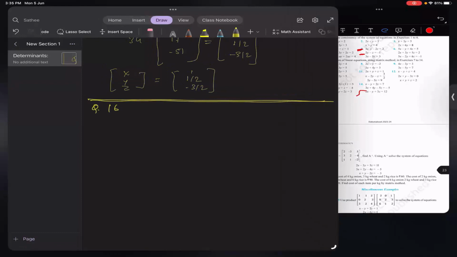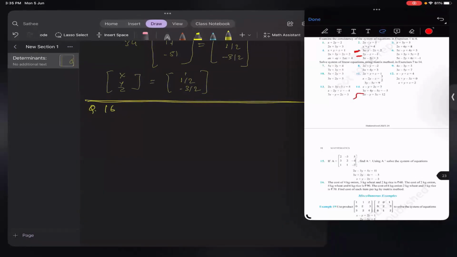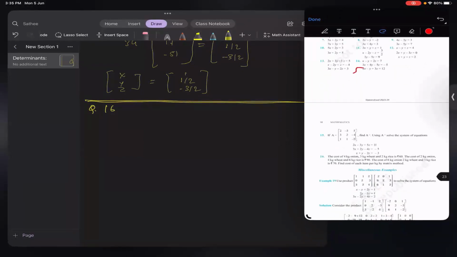So about question number 16, some theoretical description is given to us. Basically you are given the cost of 4 kg onion, 3 kg wheat, and 2 kg rice is 60, and similarly for different conditions you are given the cost. Okay. So you have to find the cost of each item using the matrix method.